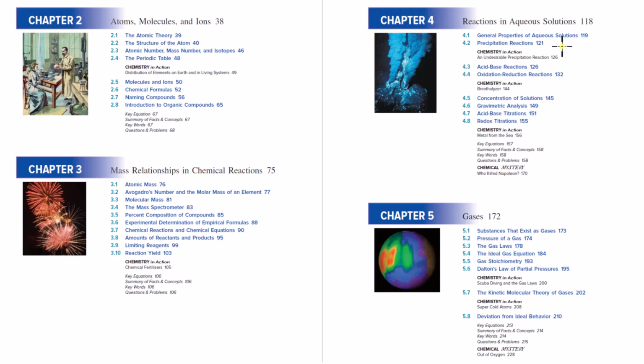And then furthermore, what an electrolyte is, what a non-electrolyte, a weak electrolyte, and a strong electrolyte is. Because these concepts are necessary to be able to understand and interpret and visualize these reactions.